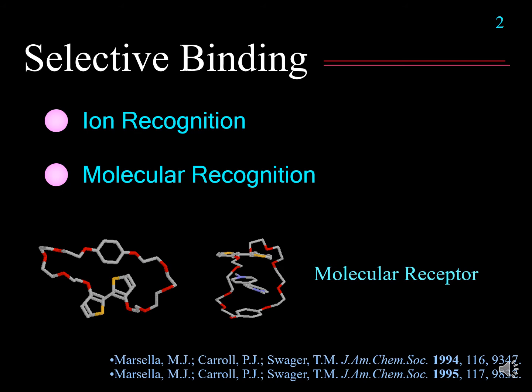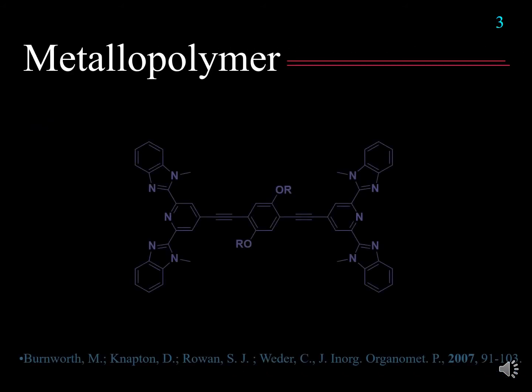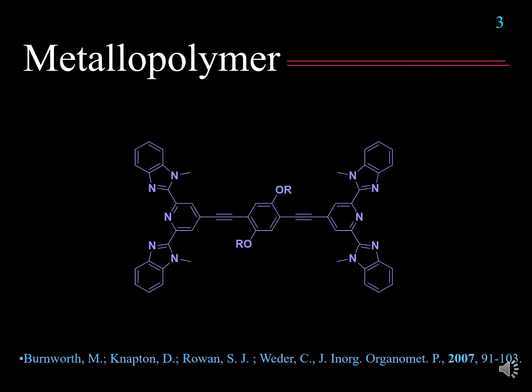Okay, this is very simple, but we can make something on a bigger scale, for example the metallopolymer here. The molecule you see here is composed of many nitrogen atoms, right? The nitrogen atoms here each have an electron pair. As you can see, the electron pairs of these nitrogens are in sp2 hybrid orbitals pointing toward this area.